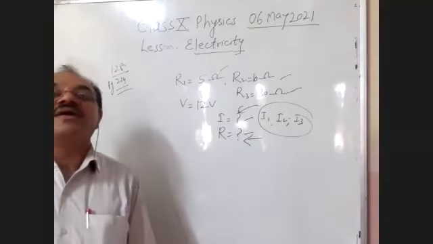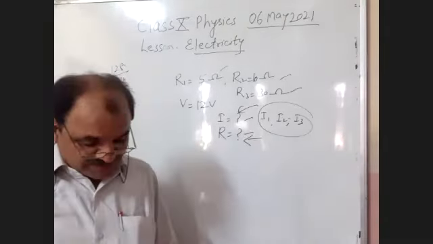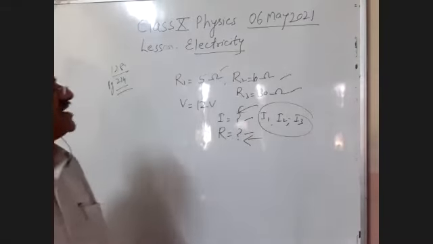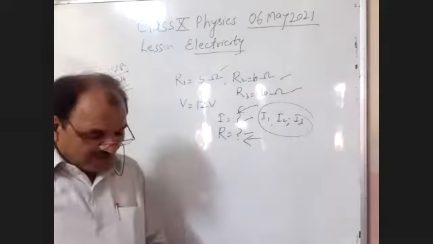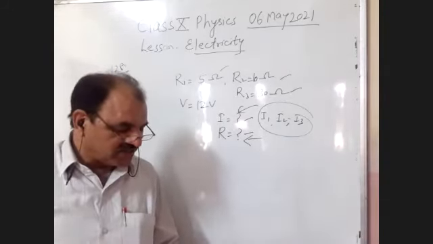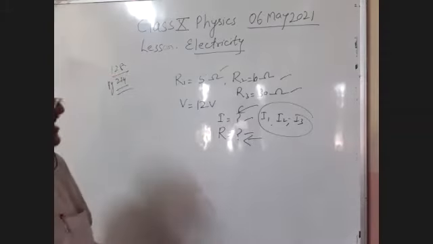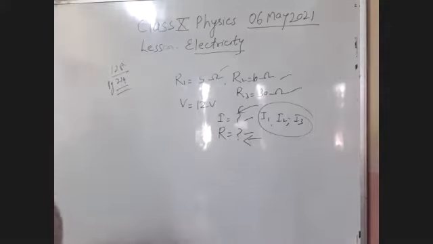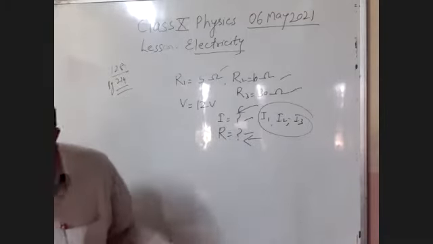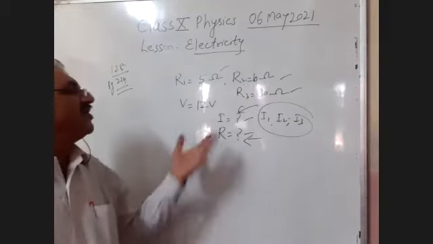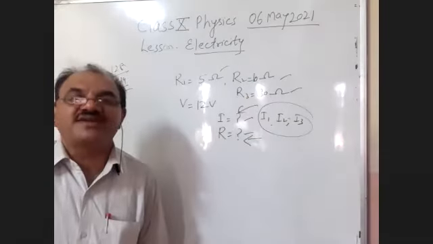This is the question, students. Three resistances are given: 5 ohm, 10 ohm and 30 ohm. If I ask what will be the total resistance if they are connected in series, it is 5 plus 10, 15, plus 30, it will be 45 ohm.